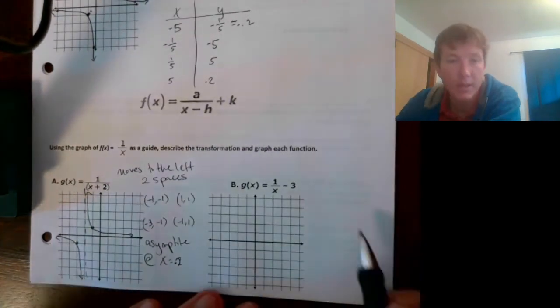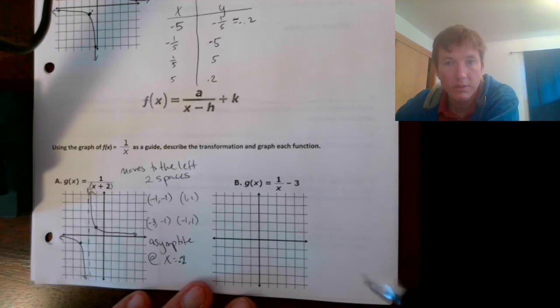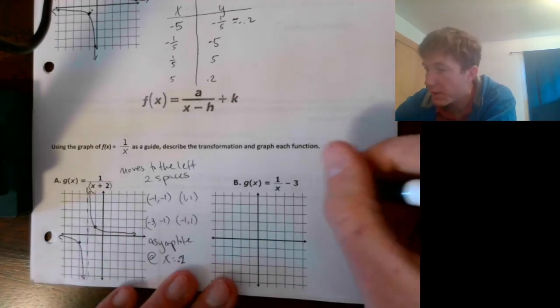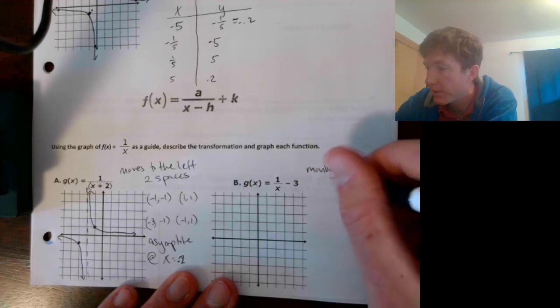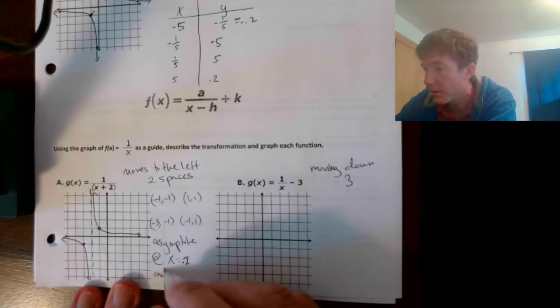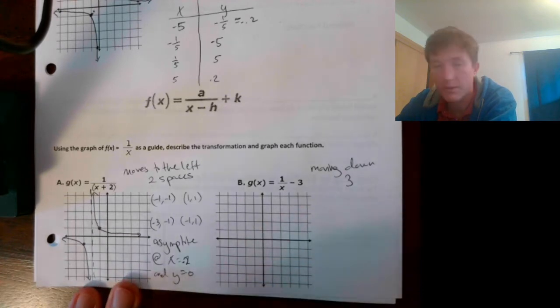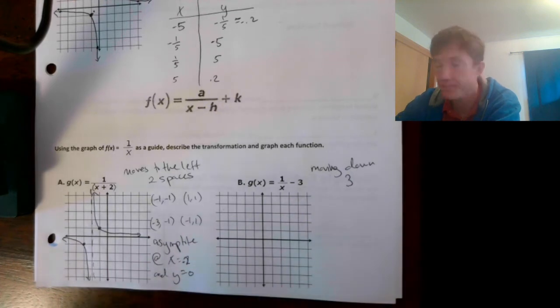Alright, next one. This one is the k value being affected, so it's going to be a shift downwards, so we're moving down 3 units. We also have an asymptote at, I forgot about one, y equals 0. There's a horizontal asymptote here as well.